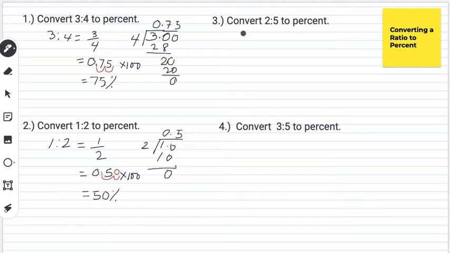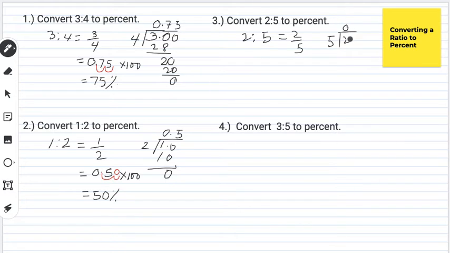Let's proceed now to example number 3. Example number 3 is 2:5. Write this 2:5 in fraction form, that is 2/5. Then 2/5, we have to divide that one using the long method of division. That is 2 divided by 5 cannot be.